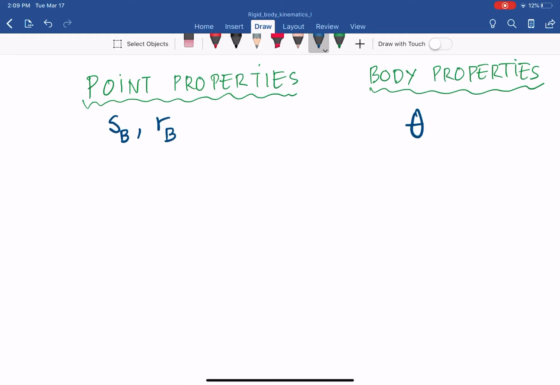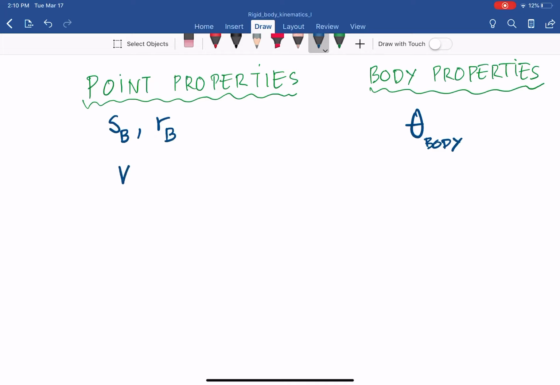So any two points on that body have the same theta, and that will be a body property. Any point on the body has the same body properties. Any two points on the same body may have different point properties, so S_B and S_A. Then we talk about velocity.